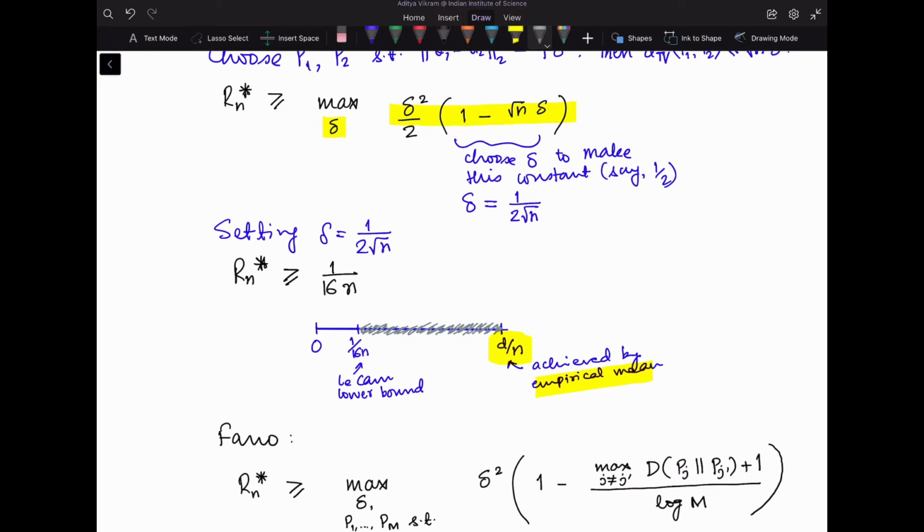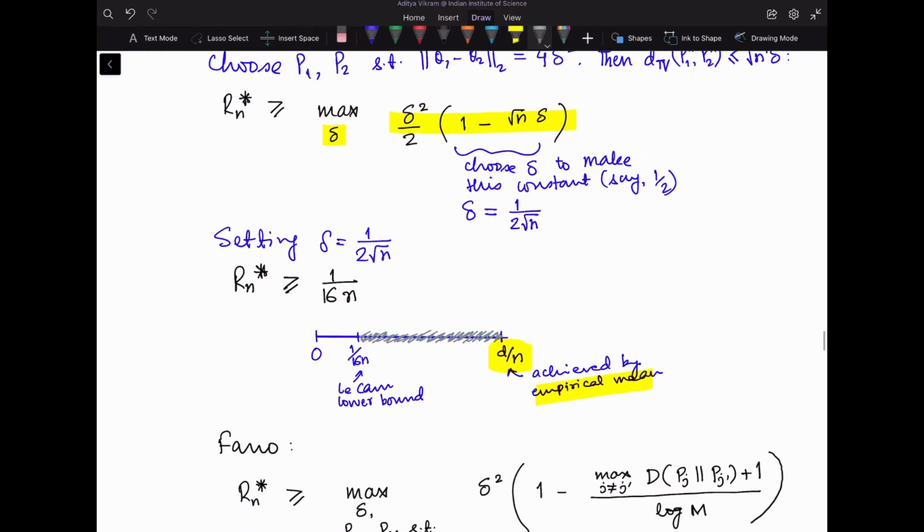And now we have a non-trivial lower bound using Le Cam's method, which says that your Rn star is at least 1 by 16n. So your worst case risk falls as 1 by n, because your empirical mean achieves d by n, and your Le Cam lower bound says that it's 1 by n. But there is no dependence on d here. This is because we solve this very simple binary hypothesis testing problem to obtain a lower bound.